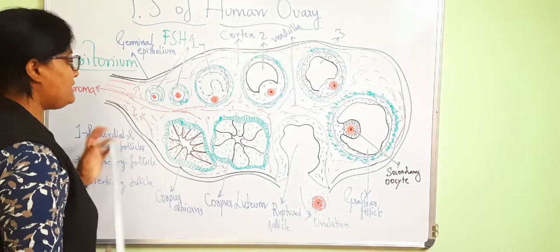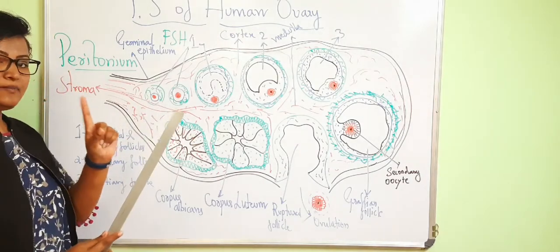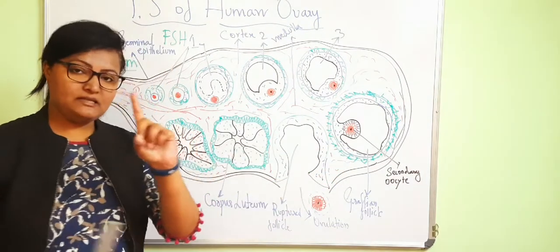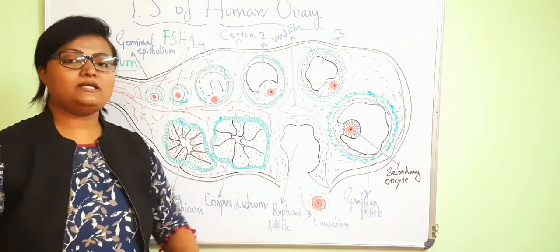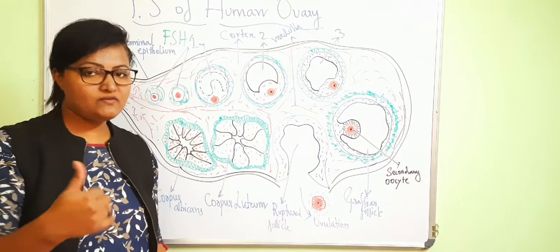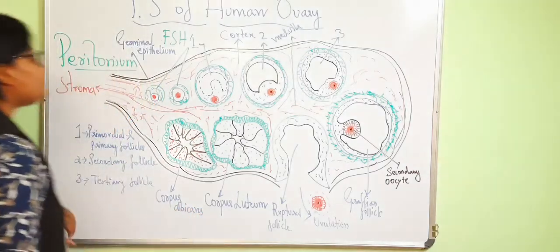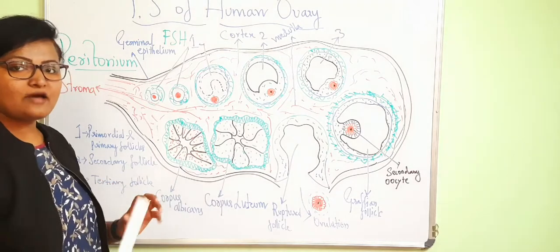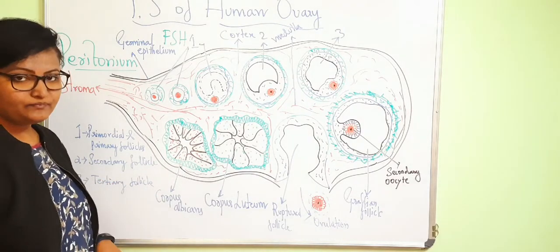And remember, a single primary follicle will produce a single matured Graafian follicle every month. That is, during our menstrual phase, a single primary follicle develops into a single Graafian follicle for a month.